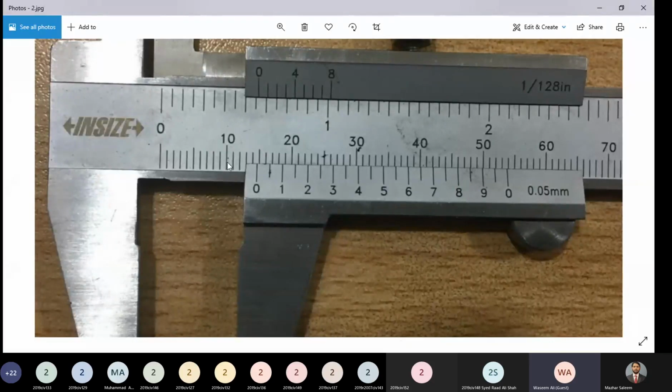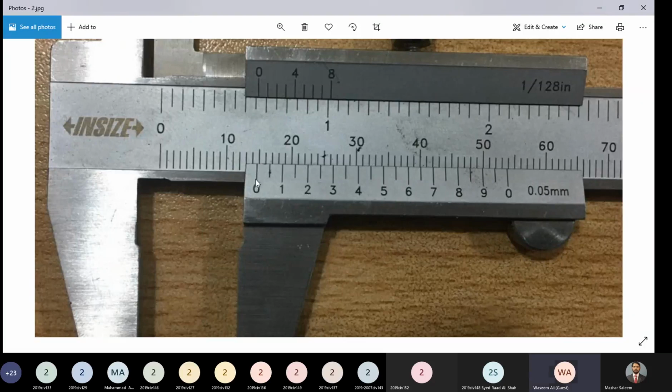Now, the main scale reading is 14 millimeter, and on the vernier scale, we have just observed which line is coinciding with a line of the main scale. This line is present in between the lines on which 7 and 8 is written, and alternate lines are marked on this, like graduated. So the line with which 2 is written is actually the 4th line.